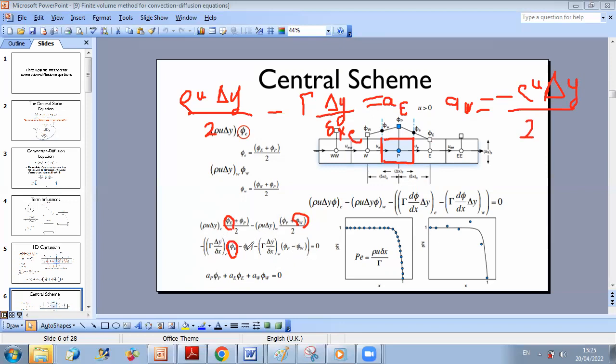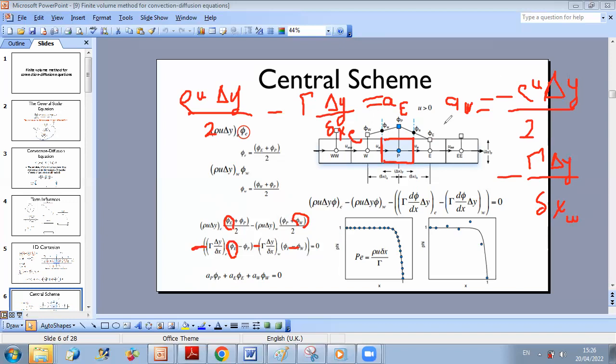So don't forget, here you have a minus outside and you have a minus here, so minus minus is plus, and you have a minus here again, so minus tau delta Y over delta X west. Okay, so this is A west.